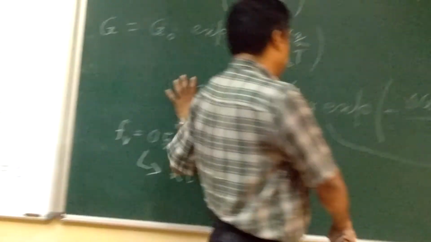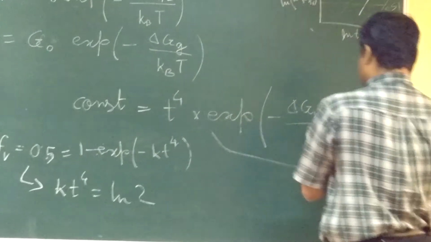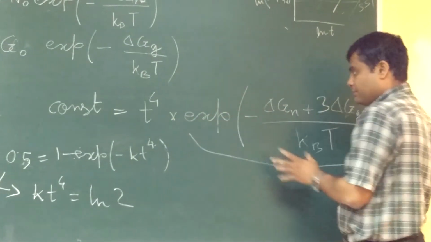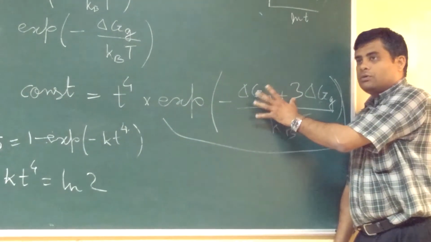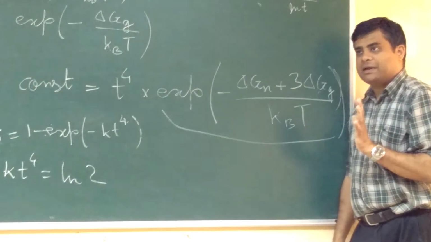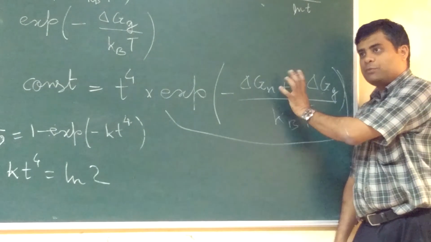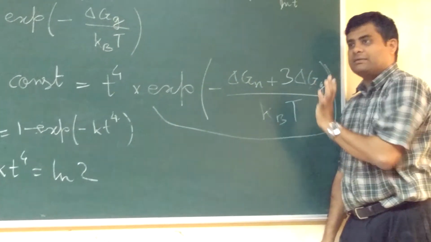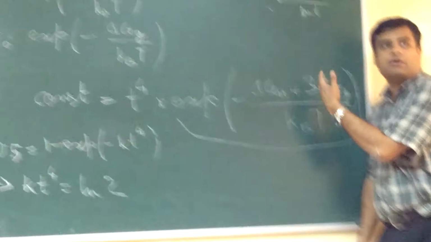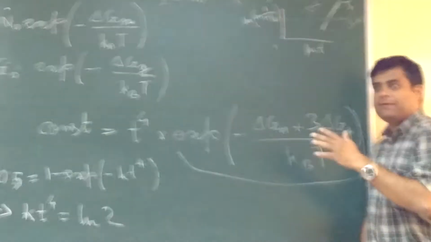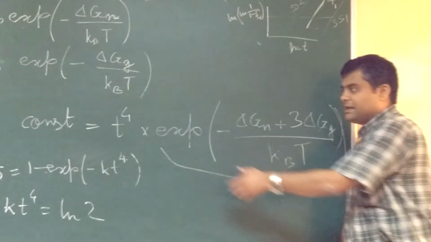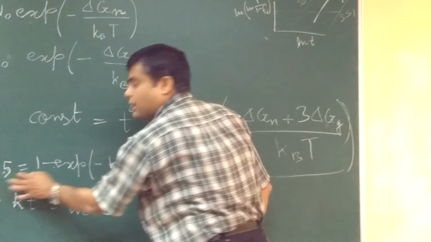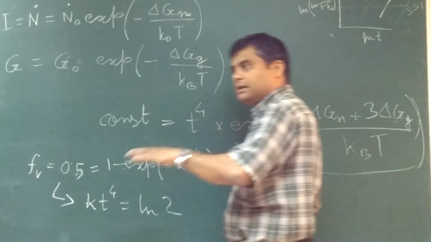According to this it should be a straight line. ln time versus 1 over temperature should be a straight line, whose slope will be the activation barrier, which contains both the nucleation activation barrier and the growth activation barrier for the whole process.